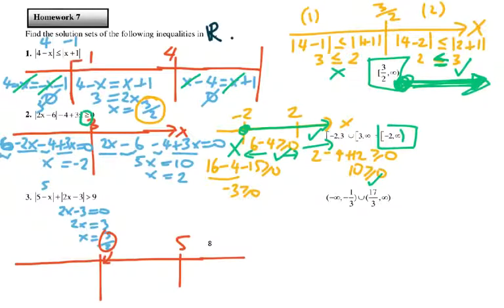All right, so let's check these values here. Let's pick something less than 1.5, let's say 1. That's going to make 5 minus x positive, and 1 makes 2 minus 3, well, that's going to be negative. So we'd have positive 3 minus 2x. Let's just consider the value, so equals 9.